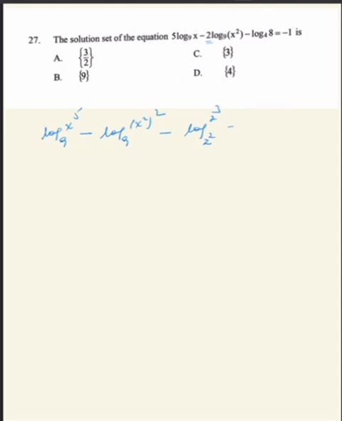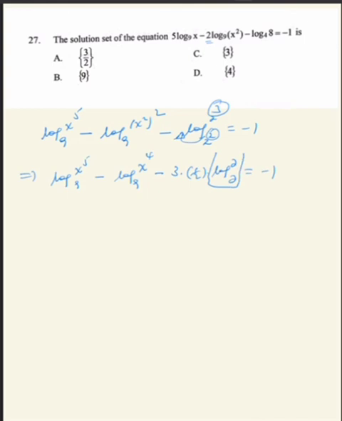Okay, what does this become? Logarithm of x to the power of 5 in base 9 minus logarithm of x to the power of 4 in base 9 minus, when we bring this 3 down, it becomes a reciprocal here, times logarithm of 2 in base 2 is equal to -1.